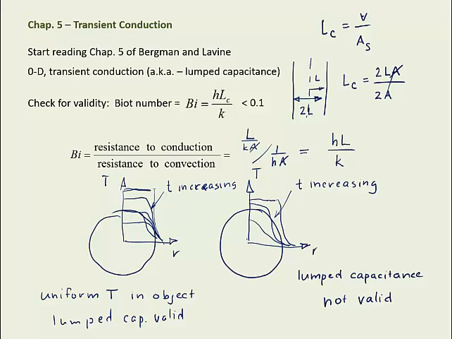And if I cancel those, I get that the characteristic length for a plane wall is just the L, the half thickness of the wall. For a sphere, you'll see that it's R over 3, and for a cylinder, you'll see that it's R over 2 for a characteristic length.